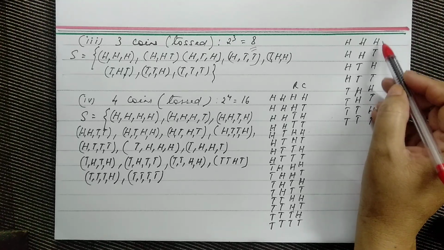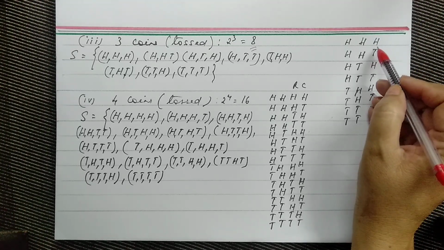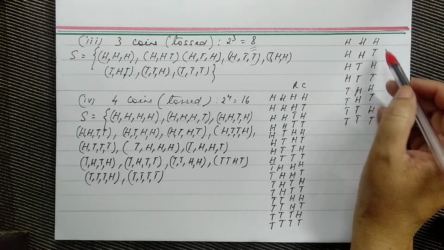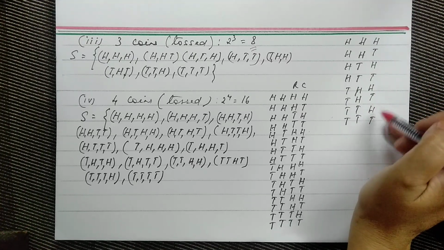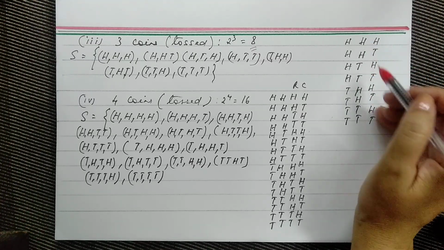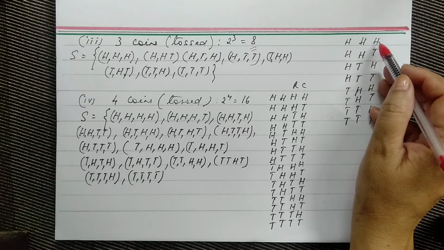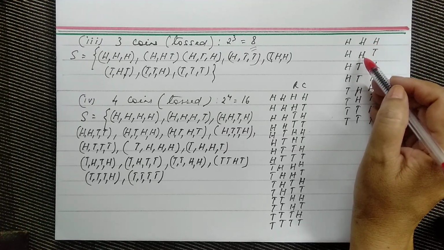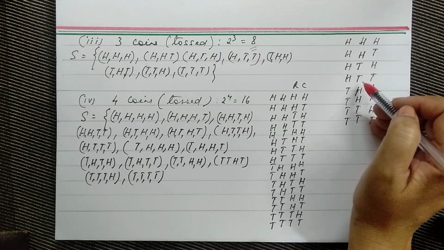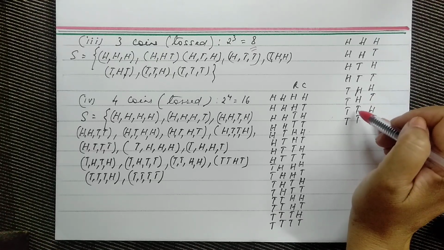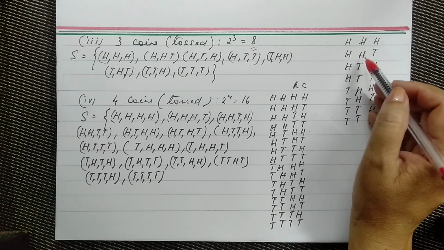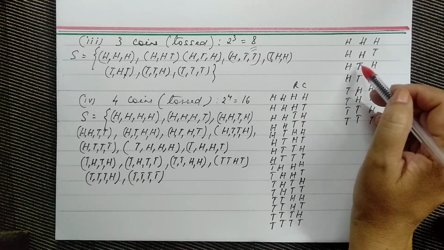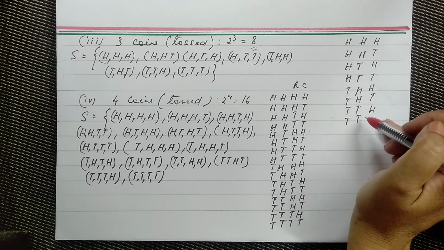In the first column, we go alternately H, T, H, T, H, T, H, T. The second column asks for a doubling of heads: 2 heads, 2 tails, 2 heads, 2 tails.